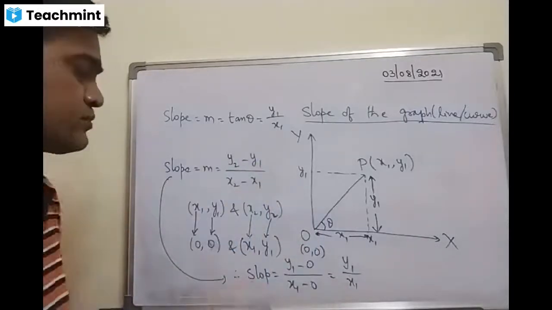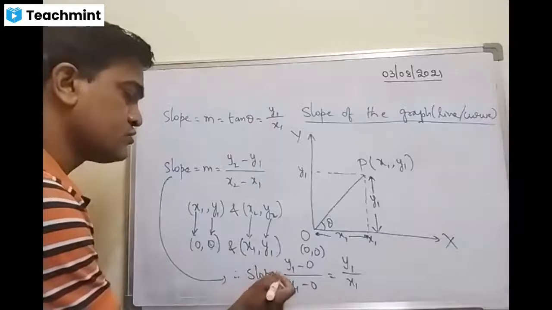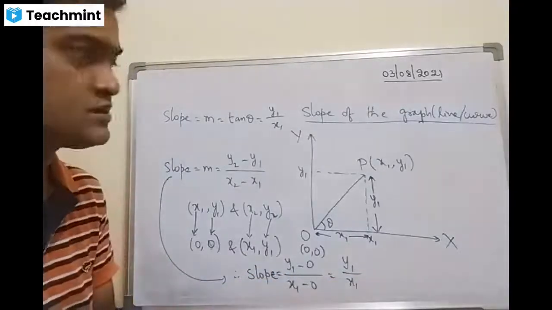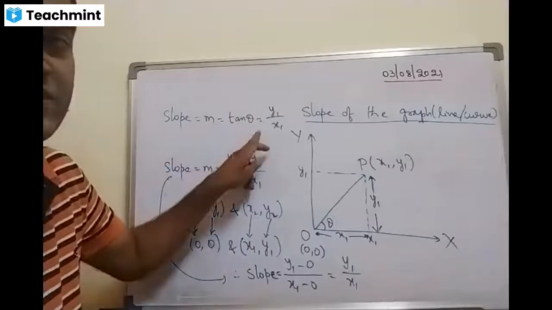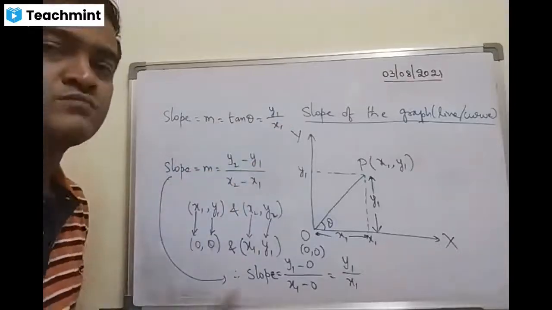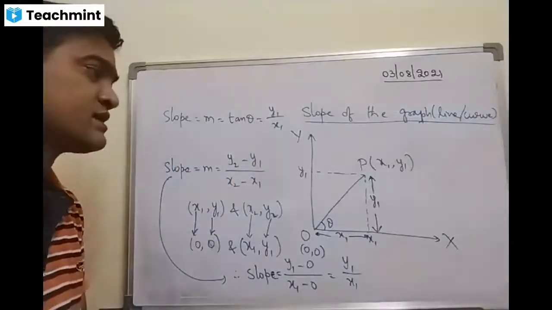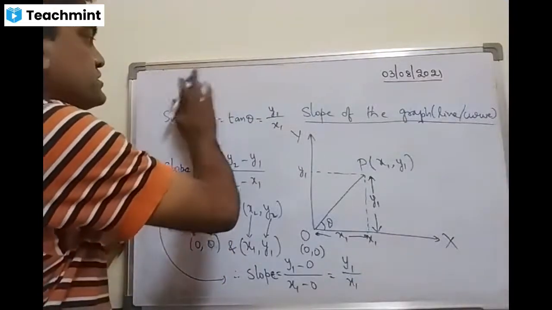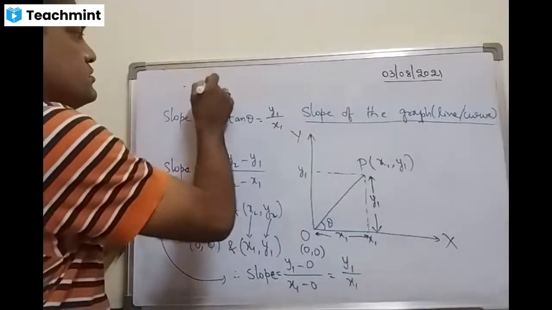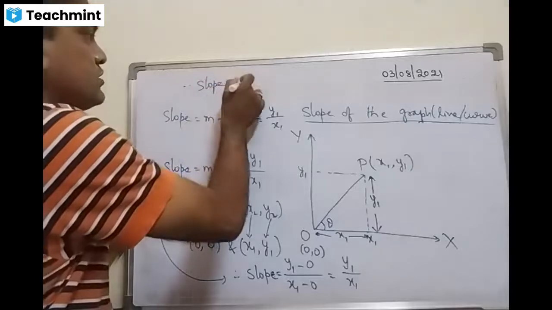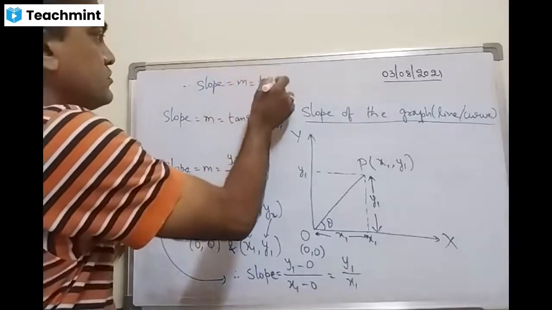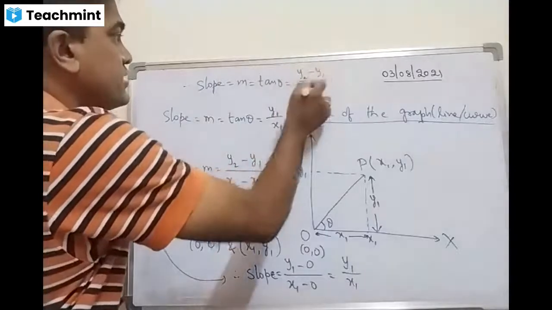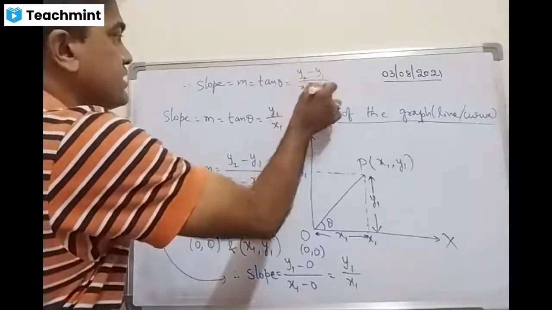Now if you look at these two, are they same? This is slope using 2-point form. You are getting y1 by x1. Slope using trigonometric function tan theta is equal to y1 by x1. Both are same. Therefore, finally, I can write slope m is equal to tan theta is equal to y2 minus y1 by x2 minus x1.